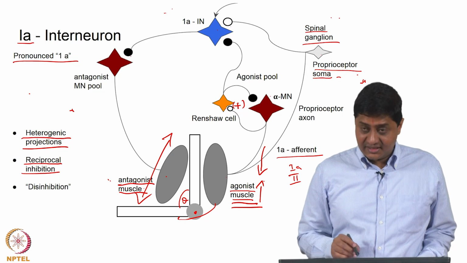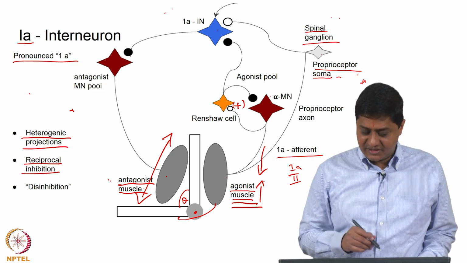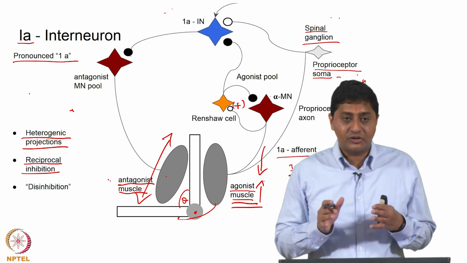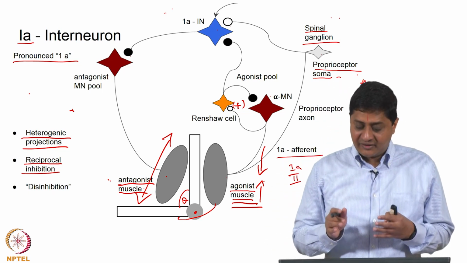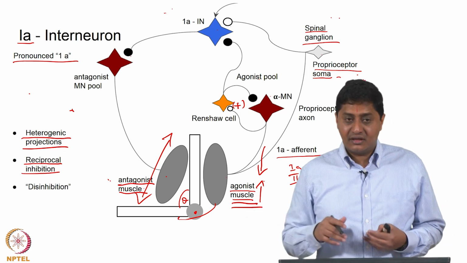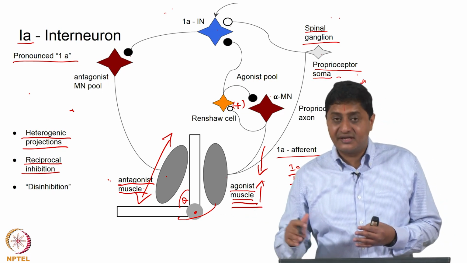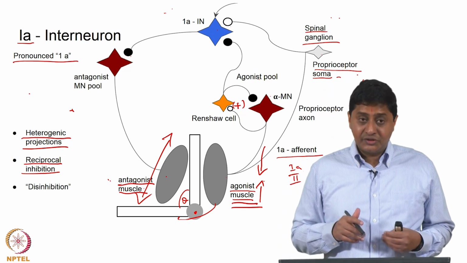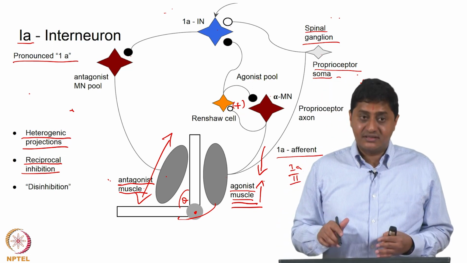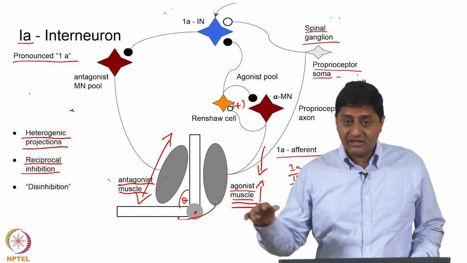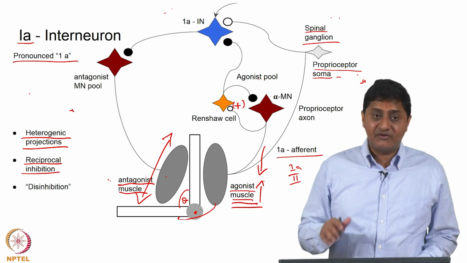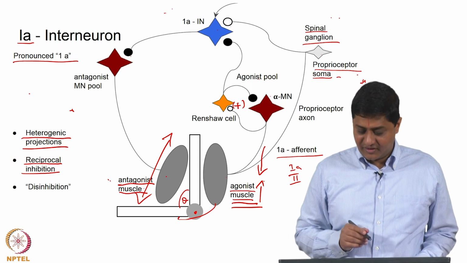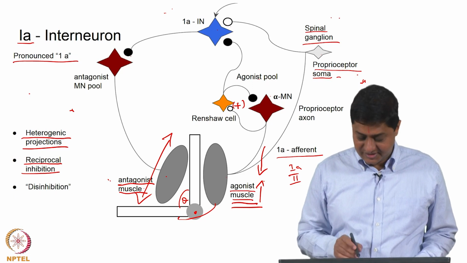One part of what we saw yesterday was that it inhibits the same alpha and gamma motor neuronal pool for that muscle and its agonists, all the muscles that perform approximately the same function. So it is not just going to inhibit one muscle, it may also inhibit other muscles, and not just the alpha motor neuron, it will also inhibit gamma motor neurons. This is one function of the Renshaw cell.